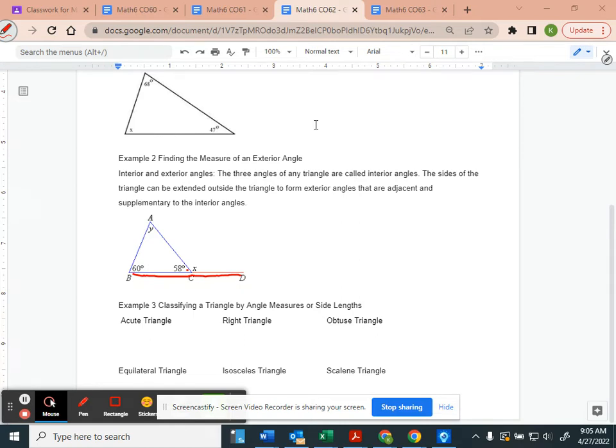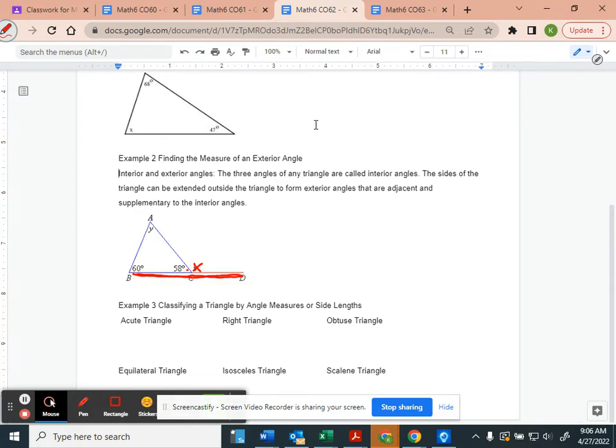What do we have to do to find angle X? Think about what we know about those straight line angles and being supplementary.